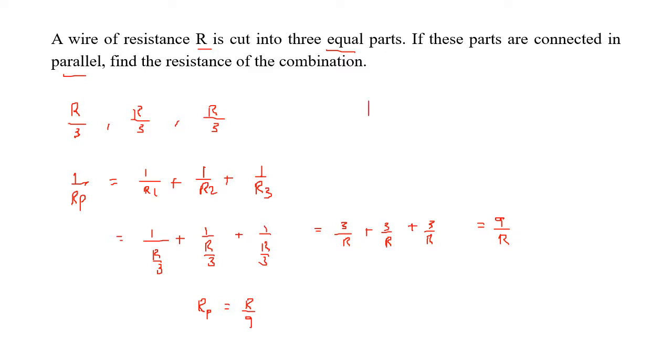So initially the resistance was R and now it has become R by 9. Means the resistance has become 1/9 of the original resistance. So by cutting the wire into 3 equal parts and joining in parallel, the resistance becomes 1/9 of the original resistance. This sum can be asked as an MCQ, so kindly go through this once again.